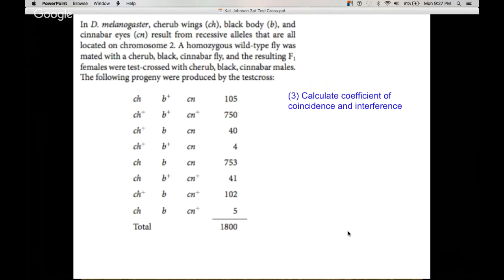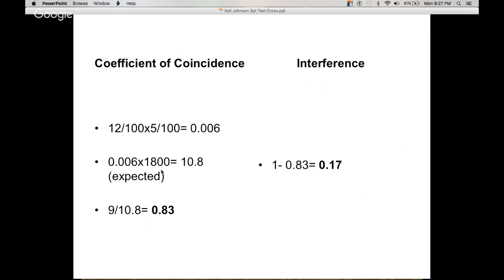Now to calculate the coefficient of coincidence and the interference, you take your map units, divide each of them by 100, because this is a probability, and you get 0.006, and you have to multiply that by the total, and so the probability, or your expected value, is 10.8 double crossovers.